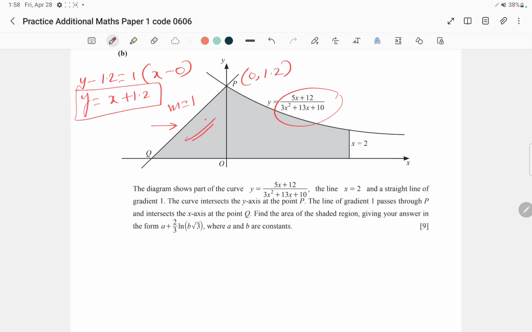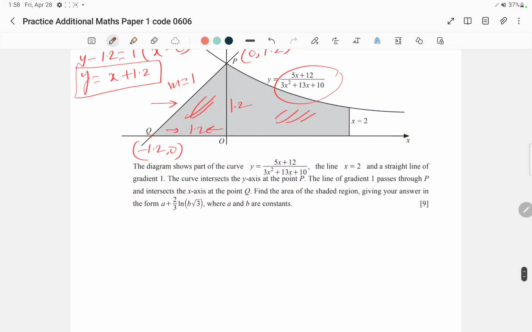It means we can find the area of this triangle and the area under the curve. For the triangle, I think there is no need to integrate. We have this length 1.2, and this Q will be minus 1.2 comma 0. So this length is still 1.2. I will call this A1 and this A2.